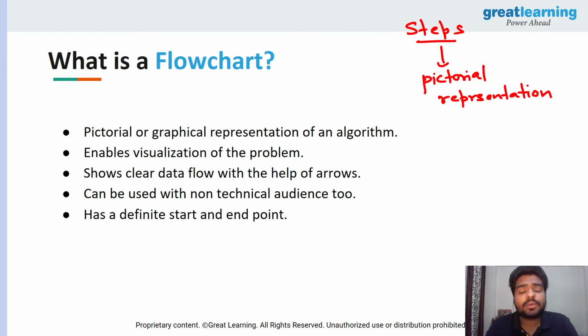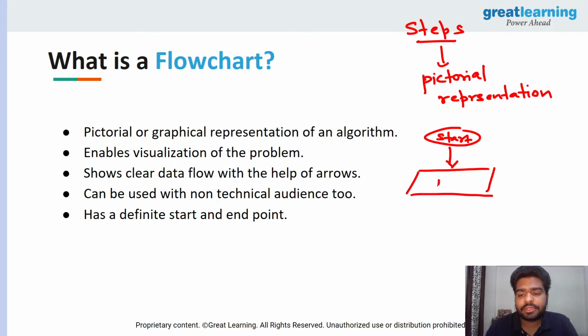Next, they work with the flowchart. A flowchart is nothing but a pictorial representation. They'll start drawing something like this. They'll write here start, then move to the next sign, and write here input, what all inputs you want to take for that problem, and then they will solve it. So this is nothing but the process, right?